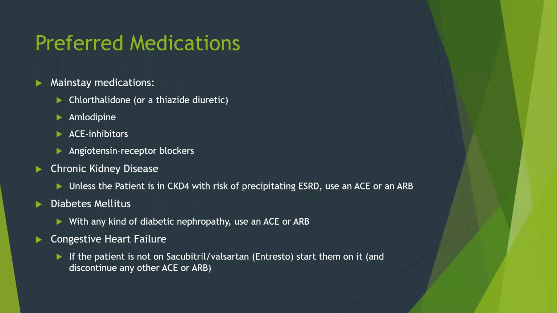So if they're not already on Entresto, start them on it, because it's better for them to be on it. Entresto was also recently approved for both heart failure with preserved ejection fraction as well as reduced ejection fraction. So this is one of the things you can keep in mind and actually improve some of your patients' quality of life and just morbidity, mortality by doing.